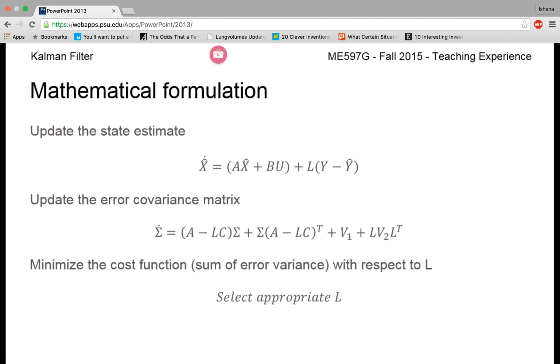And now we come to the part where we determine the Kalman filter gain, where we minimize the cost function, which we defined as the sum of all error variances, with respect to L, which is the next part that we will be looking at.